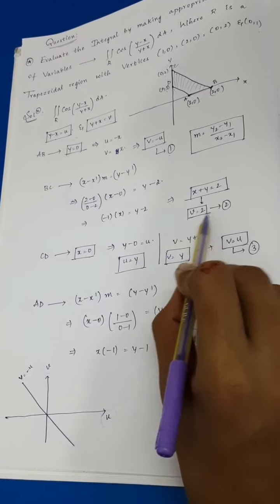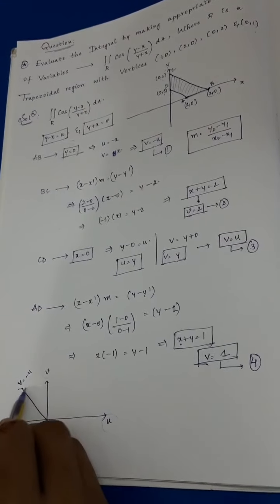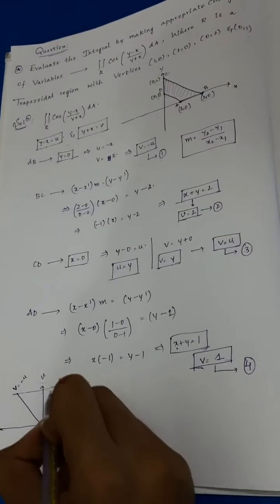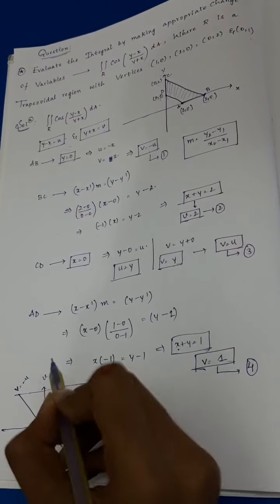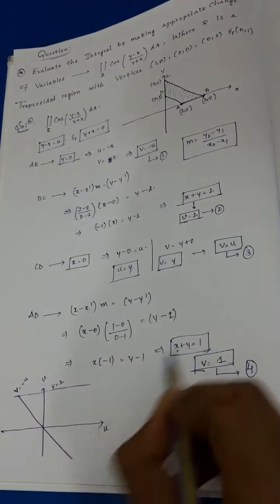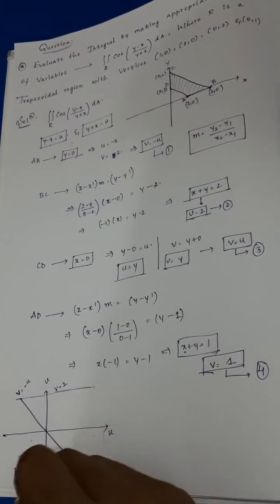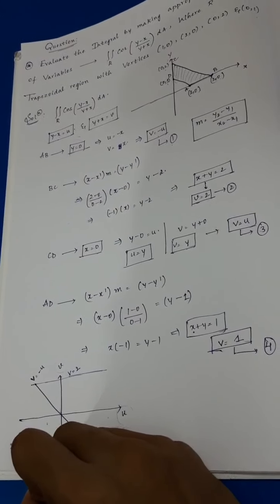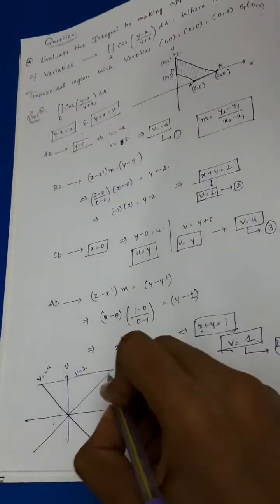Similarly, the second line equation is v is equal to 2. V is equal to 2 is the line equation which is parallel to the u-axis but at a distance of 2 from the origin. This is v is equal to 2. The third line equation is v is equal to u. It is also a line passing through the origin, but in this case it has a positive slope.